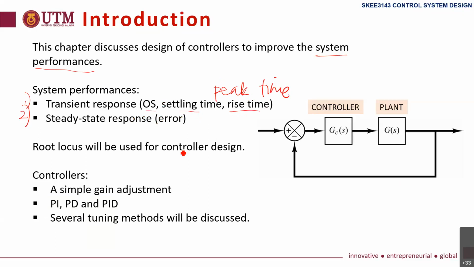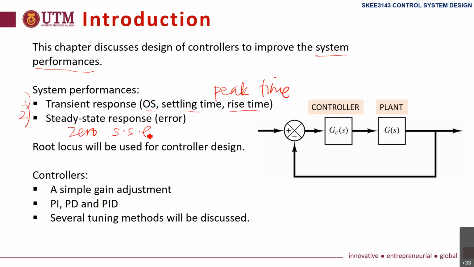All this can be improved by adding a controller. And the other one, we normally want to have zero steady state error. Steady state error. These are two important specifications in control system design.